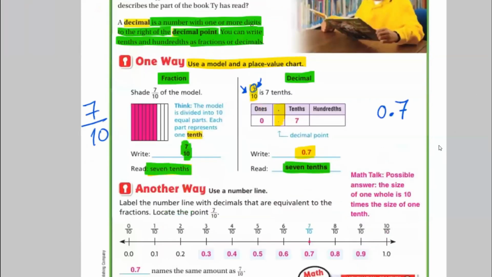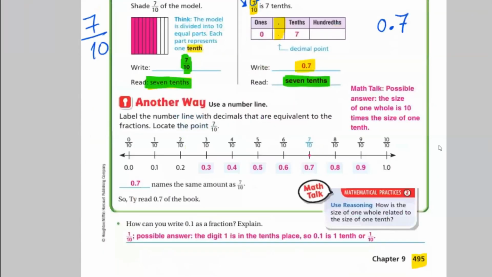Okay, let's move to another way to write decimals and fractions. We can use a number line. As we all know, the number line starts with 0, as you see here. So 0 means 0 over 10.